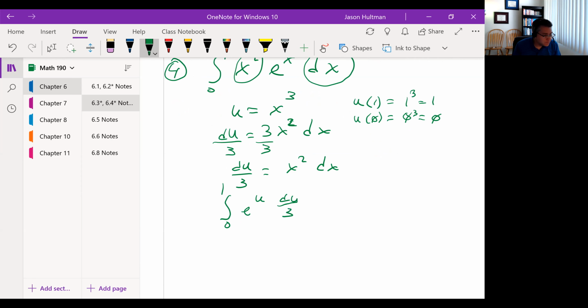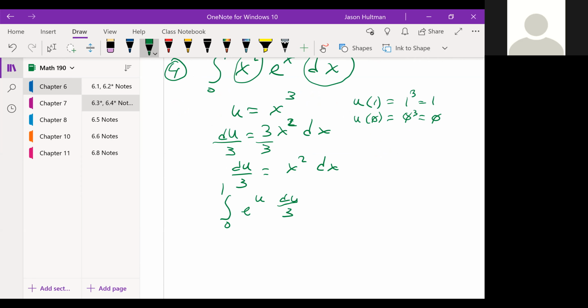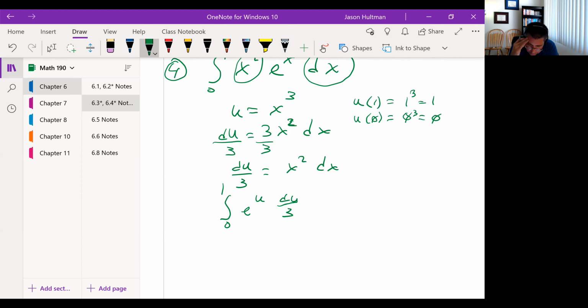So, sorry, I have a question. Yeah, go ahead. So when we're doing the u substitution, what we're trying to get is the other variable, like the x squared, on the side of the dx, so that we can cancel it out and just do du over 3 or du over whatever. Yeah, we're substituting, right?